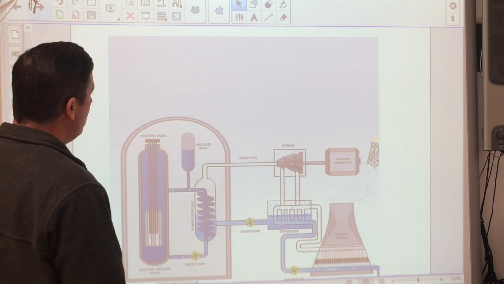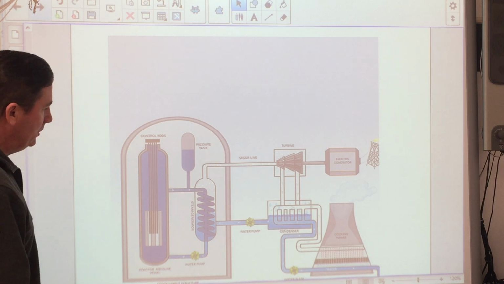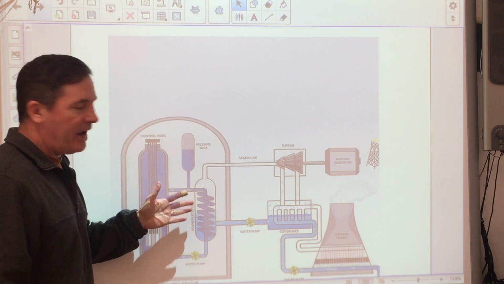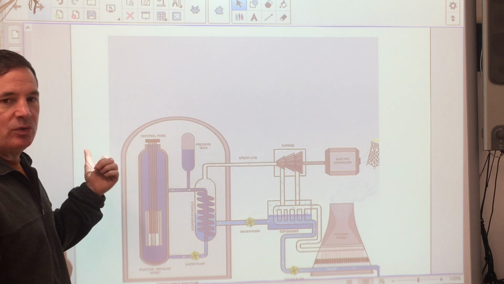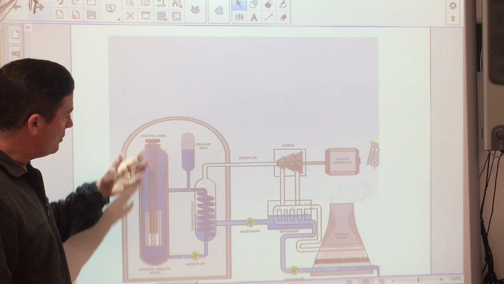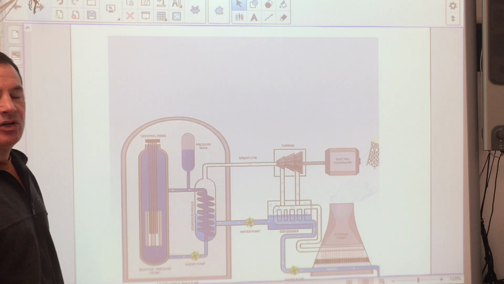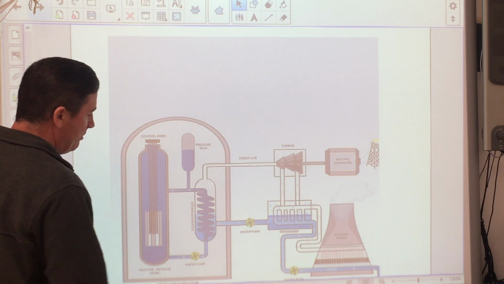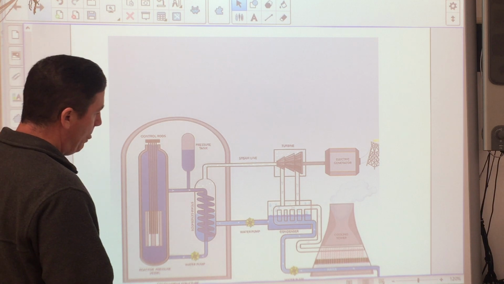Okay, so what about a nuclear reactor? Now, the other one I just showed you was artificial. This is natural. So this is naturally occurring radioactive materials, like uranium or plutonium, for example.